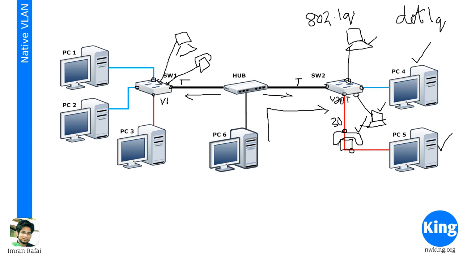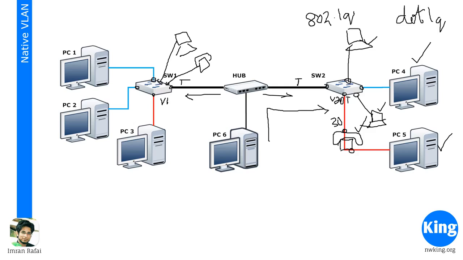Now, when untagged traffic comes here, the switch immediately puts it into VLAN 20. Now, if these two switches are communicating with each other, and it says traffic coming from VLAN 20, it says, okay, your native VLAN, so I'm not going to tag you. So it's going to send it out without tagging.